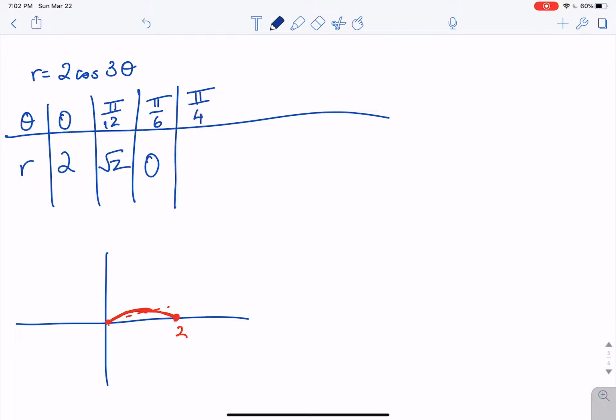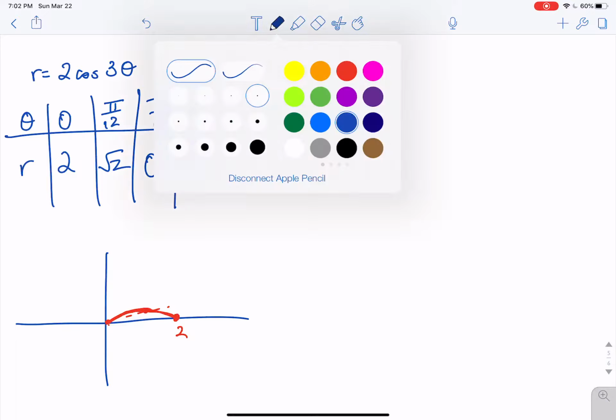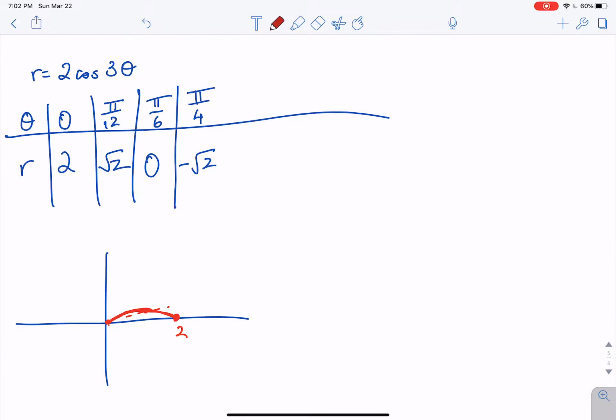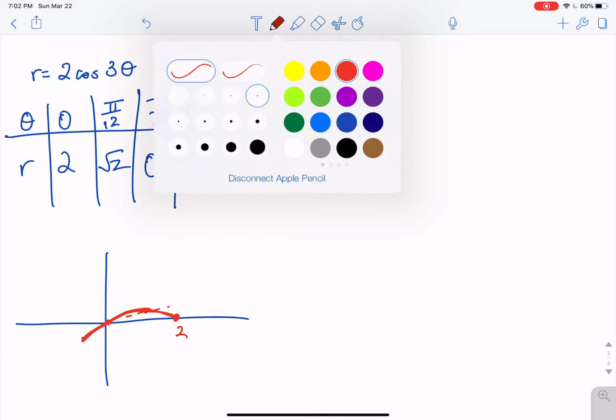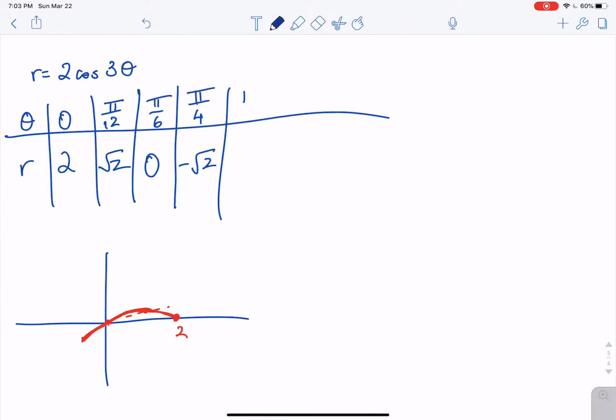Let's do pi over 4. That gives me negative root 2. So for pi over 4, I go in the negative direction, so somewhere over here. And then let's do pi over 6. Oh, sorry, we did pi over 3. That's negative 2.